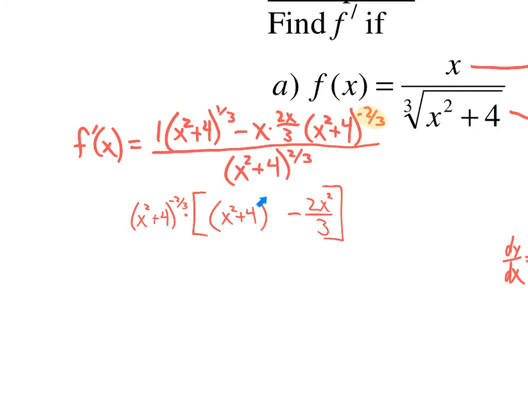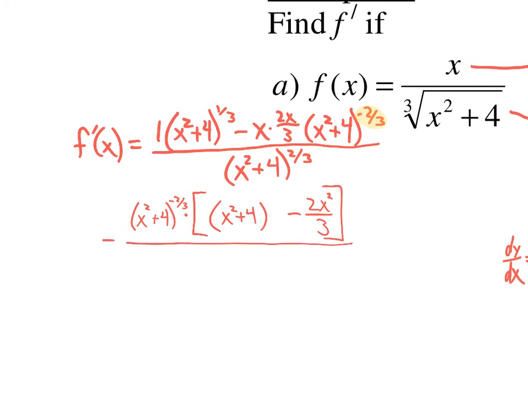Yeah, it'd have to be 1, because negative 2/3 plus 1 would give me the 1/3. The reason this is confusing is because your exponent gets bigger after you factor something out, but it's doing that because you're factoring out a negative exponent. So be careful with that. Once you get the hang of it, it's not really hard.